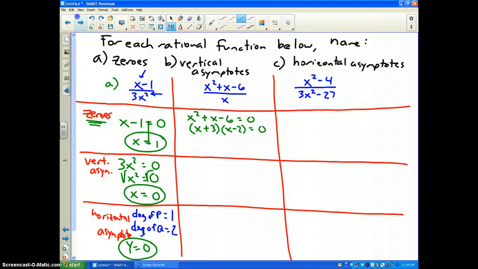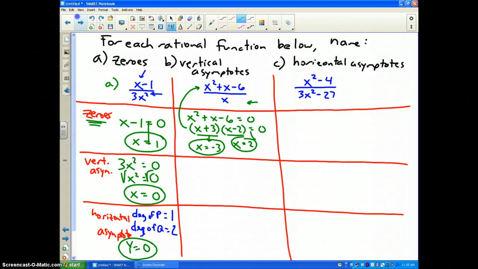And by the way, I hope you can see, if you put that in the numerator, you'd see that this function's already in reduced form, because the x plus 3 and x minus 2 on the top cannot reduce with the x in the denominator. Okay, so therefore now, pretty simple. That part will give you x equals negative 3, and that part will give you x equals 2, and those are your 2 zeros for this function.